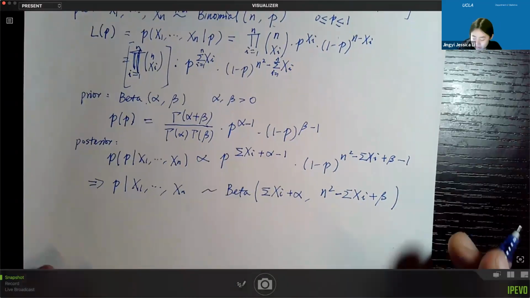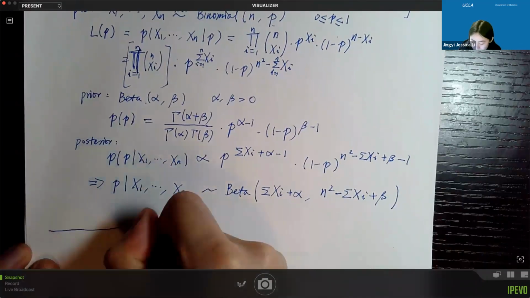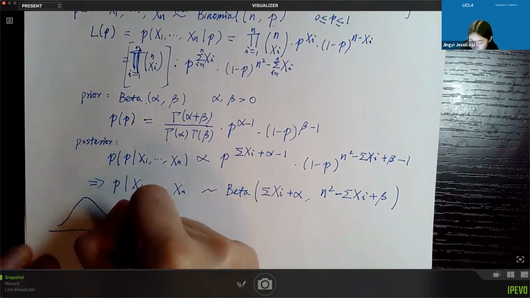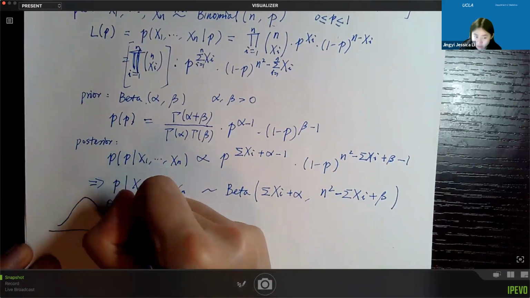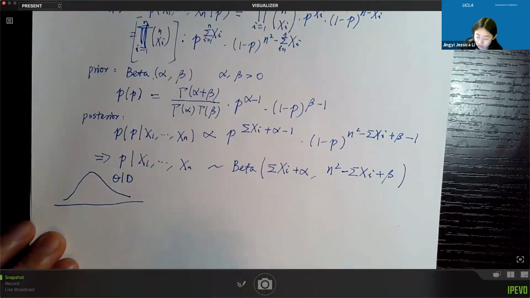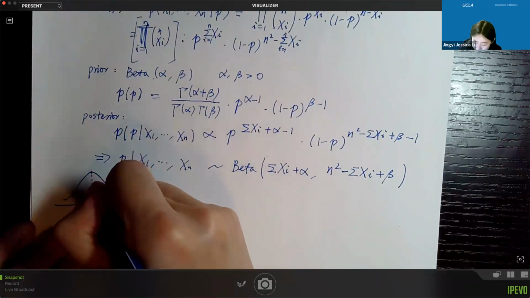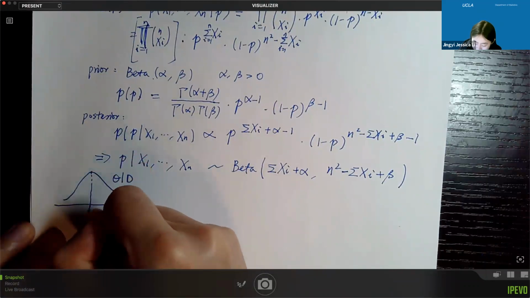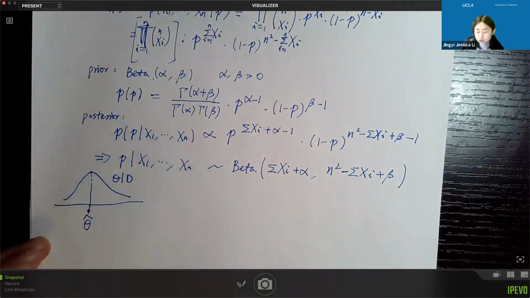Let's say this is the posterior distribution, theta given D. If you pick this value and call it an estimator, theta hat, you will pick this value to estimate theta.